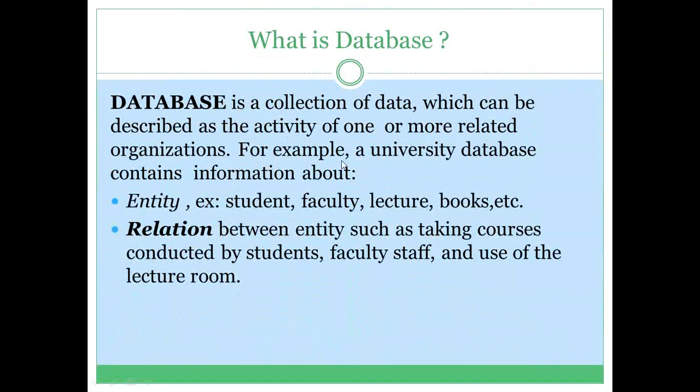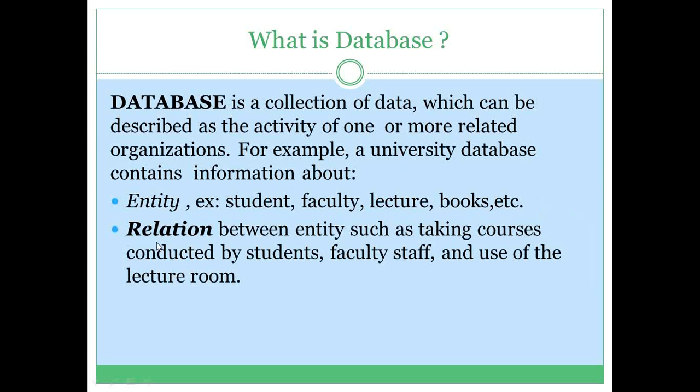For example, a university database contains information about entities. The examples are student, faculty, lecturer, books, etc. So an entity is an object. We can call it an independent object, but it can have a relation with another object.